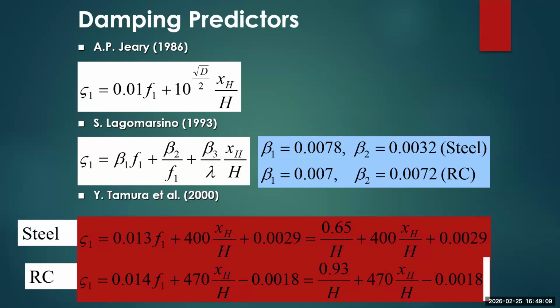So it's used all over the world. Prediction of what damping will be. So in other words, it depends on the geometry of the structure, and particularly it devolves to the amount of mass which is participating in the mode of vibration.